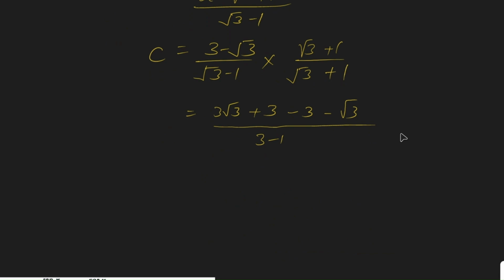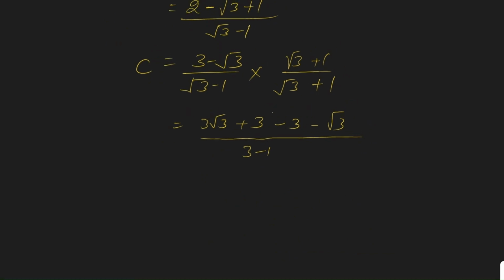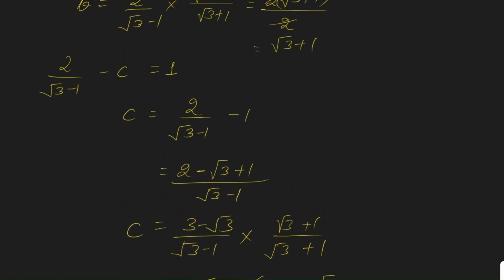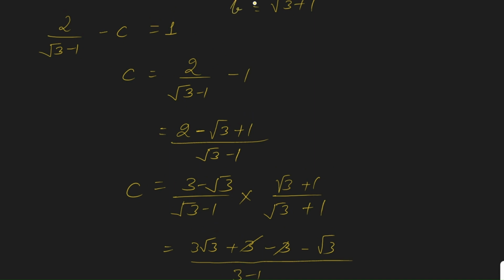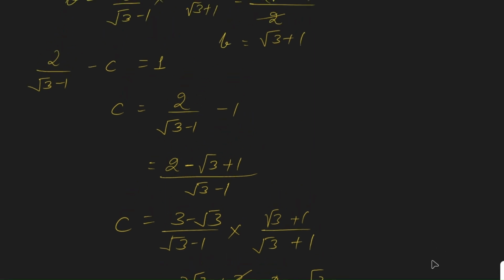Now further simplifying this, these 3 will cancel out, and then 2 root 3 over 2, which is the same as square root of 3. So the value of c came out to be square root of 3, and the value of b comes out to be square root of 3 plus 1. Right, so these are my b and c values.